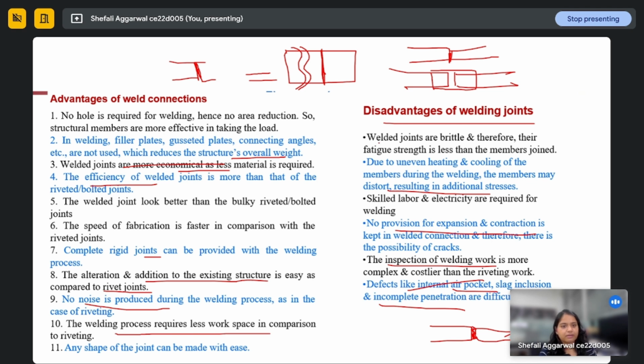This will create a point which can start the corrosion of our two plates. So this can be a dangerous thing from the durability point of view also.